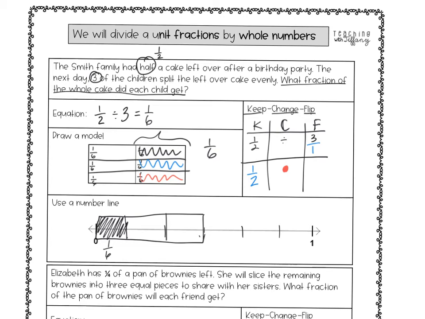So now we can take 3/1 and write its reciprocal and have 1/3. And we're just going to multiply across like we do in multiplication of fractions. 1 times 1 equals 1, and 2 times 3 equals 6. So each child gets 1/6 of a slice of pizza.